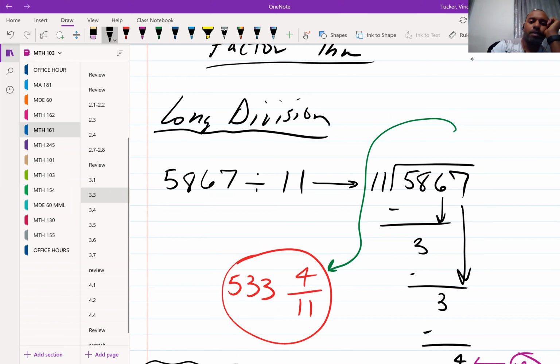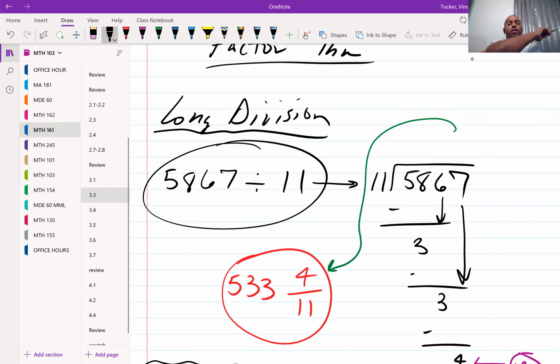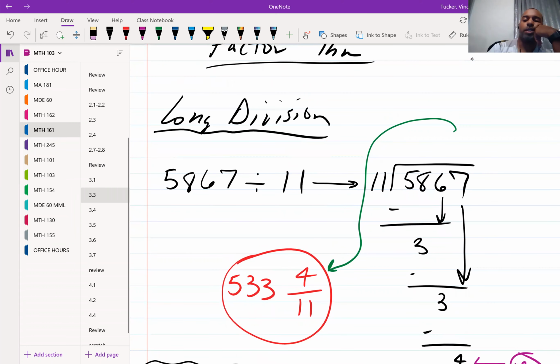So if I had this right here, 5,867 divided by 11, notice the setup.